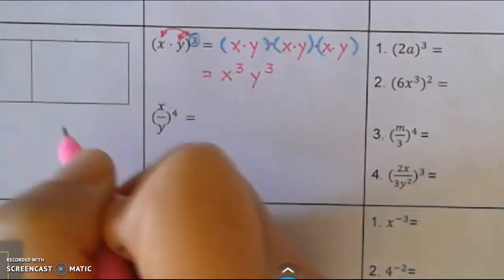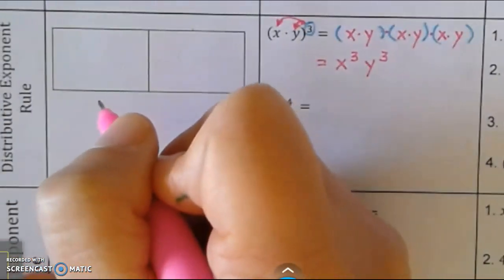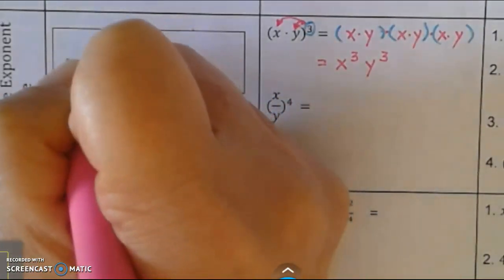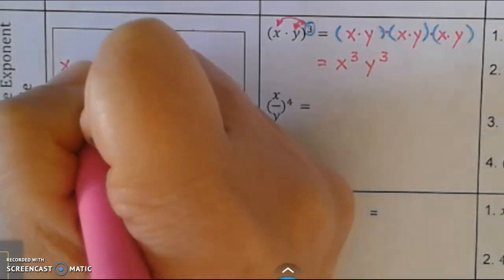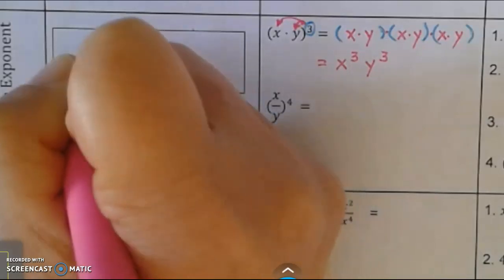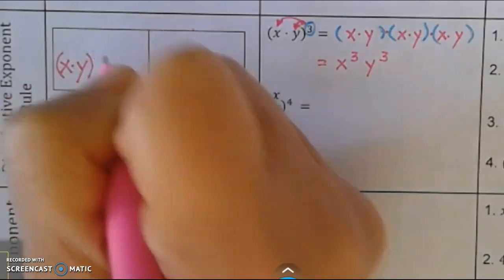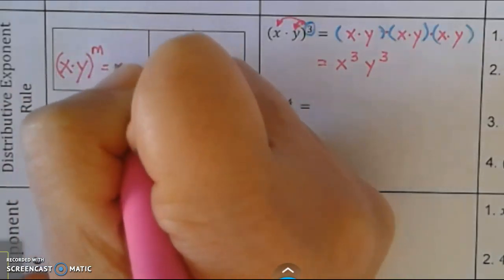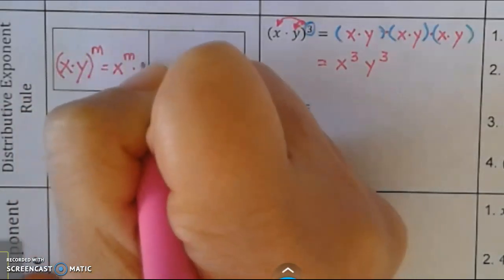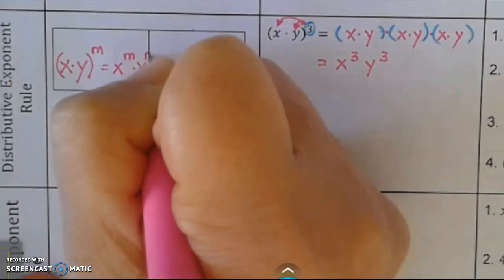So I can generalize this by filling this side out. If you have x times y all raised to the power of m, this is the same as x to the power of m times y to the power of m.